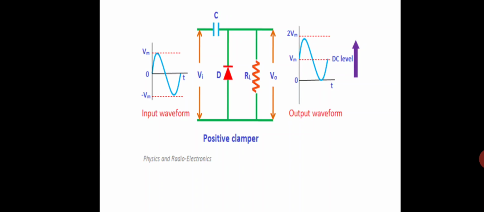And where do we use this circuit? What is the need for these circuits? Clamper circuits are used as direct current restorers, for removing distortion. So DC restorers remove distortion, and are used for voltage multipliers.